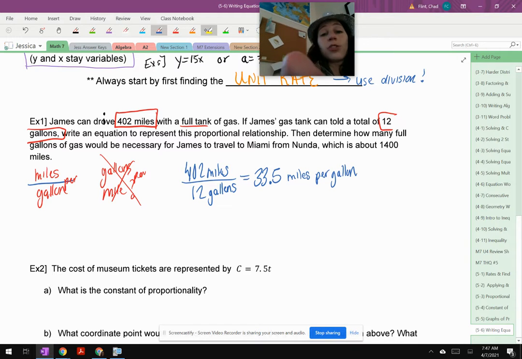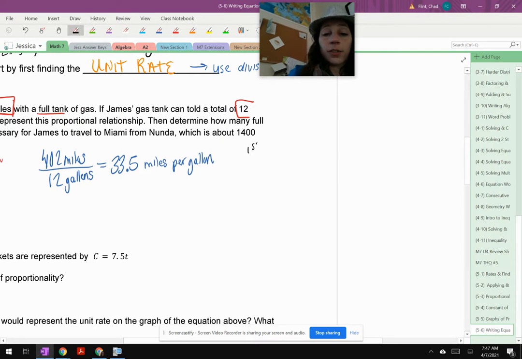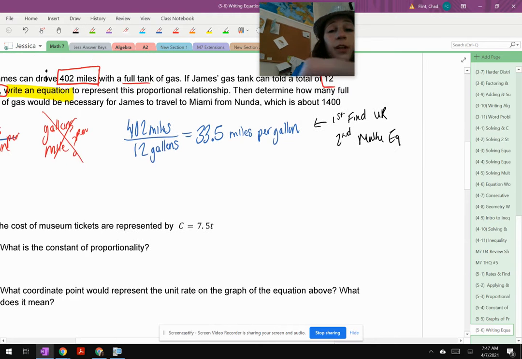Except the question was asking me to write an equation. So in order to write the equation, I had to first start by finding the unit rate. First, find the unit rate. That's what I did right there. Second, make the equation. The equation from our notes is y equals kx.